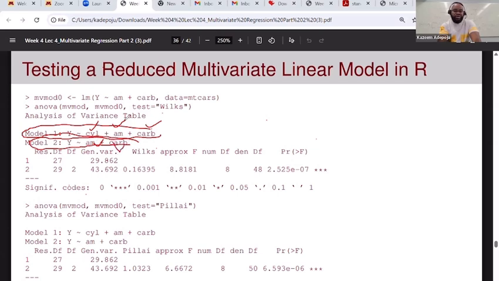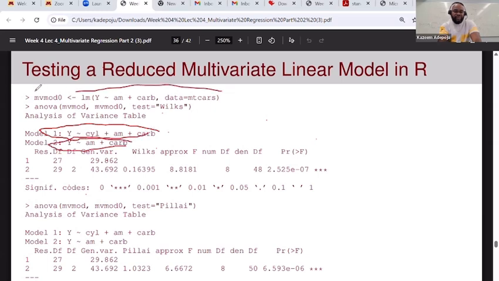So how do we do that in R? I need to run model one, I also need to run model two, then I'm going to do the ANOVA. I'm doing the ANOVA on each model. The NVMOD is going to be for the full one, and the NVMOD 0 is going to be for the reduced one.